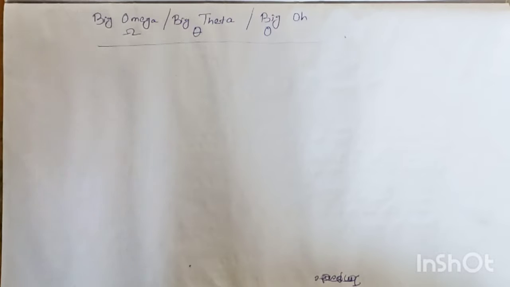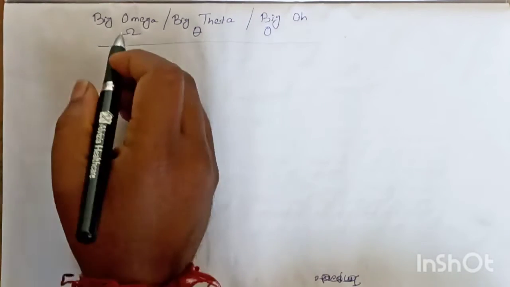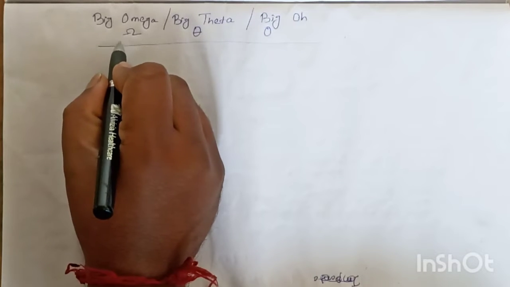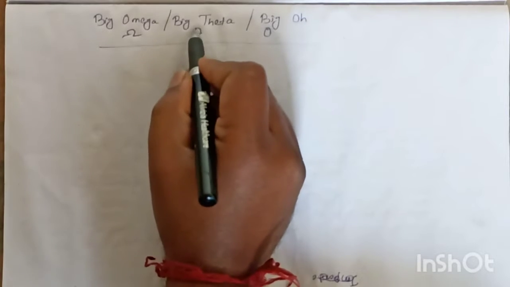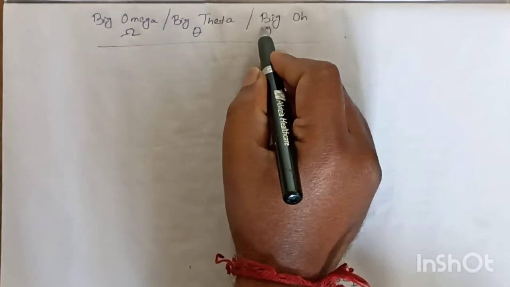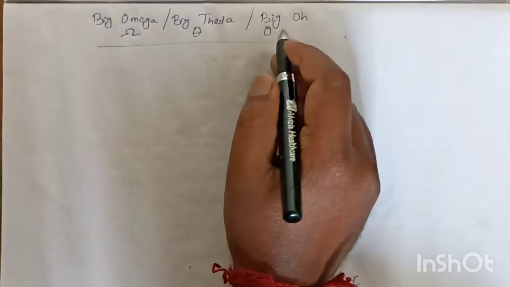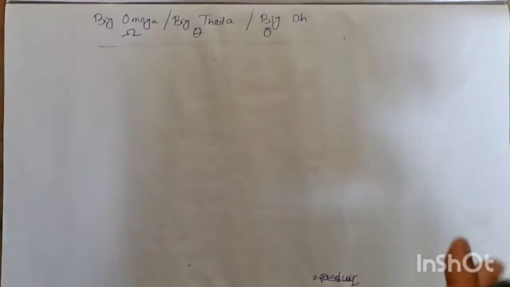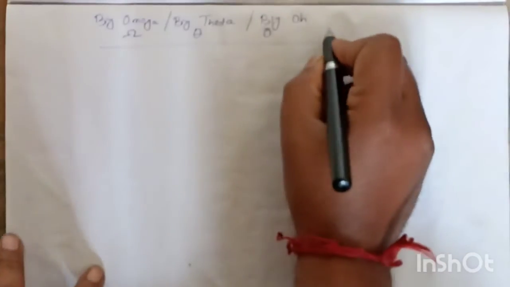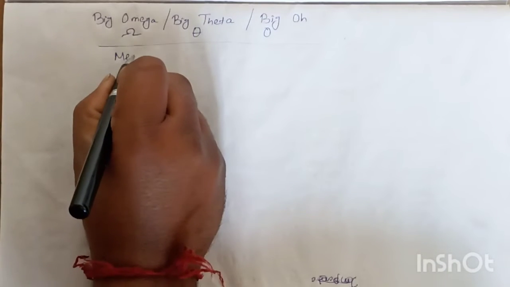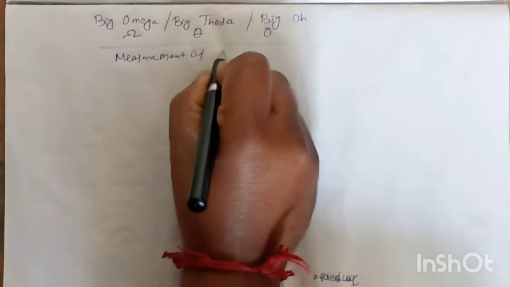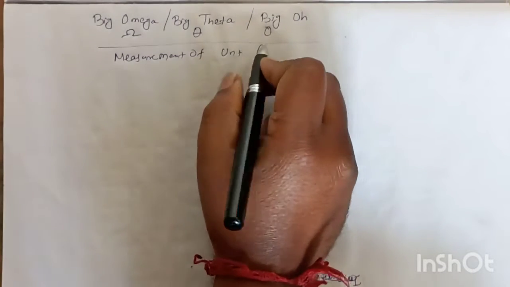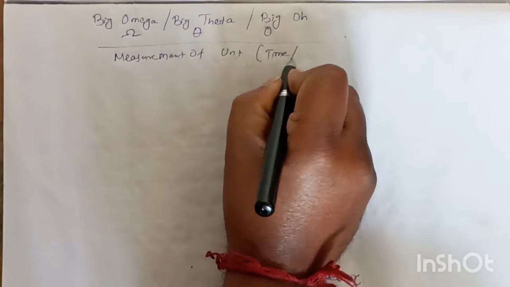There are three types of annotation symbols used: one is big omega, the symbol is this one, then theta and big O. These three annotations or symbols are used for measuring any unit. That unit can be time or space.